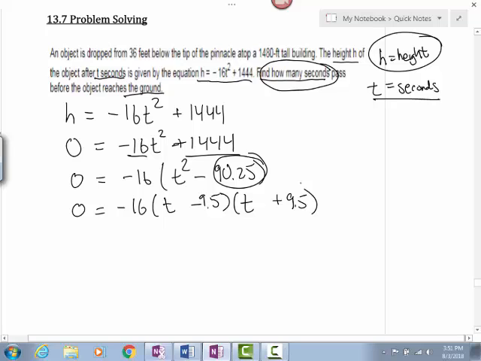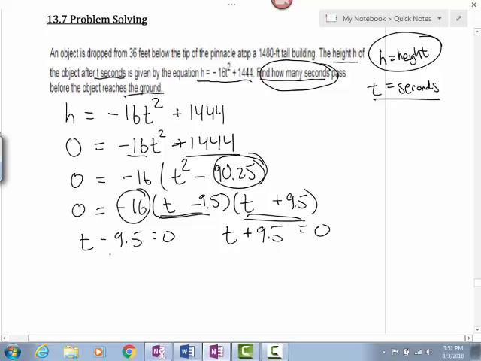9.5. Okay, so now I'm going to take each of these parts and I'm going to set them equal to 0. I'm not going to use my number negative 16 anymore because I factored it out. And the only parts that are going to be equal to 0 are the parts that have the variable. These parts here have the variable. So I'm going to say t minus 9.5 equals 0 and t plus 9.5 equals 0.